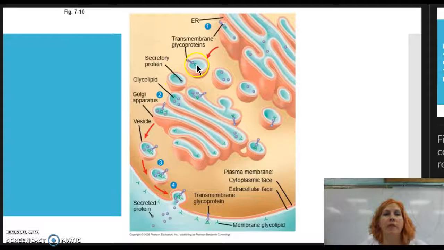And so when they go from the rough endoplasmic reticulum to the vesicles and then to the Golgi apparatus, as you can see, then through the Golgi apparatus, they leave with their glycoproteins or glycolipids attached, depending. They have the carbohydrates added to them, and then they go out and form into the cell. And you can see in some cases they also secrete a protein separately, and they are what forms the membrane glycolipids along this surface.